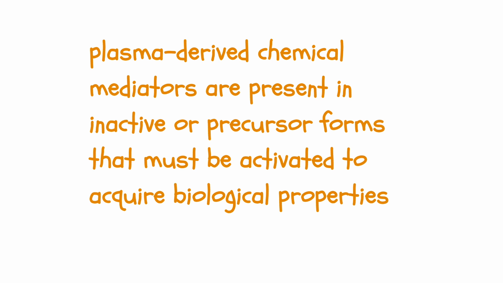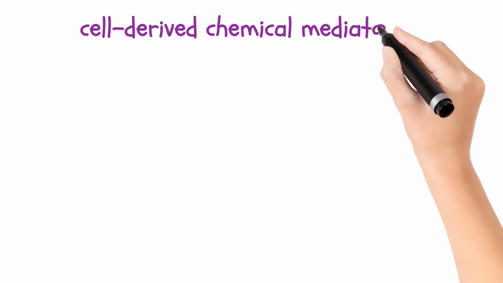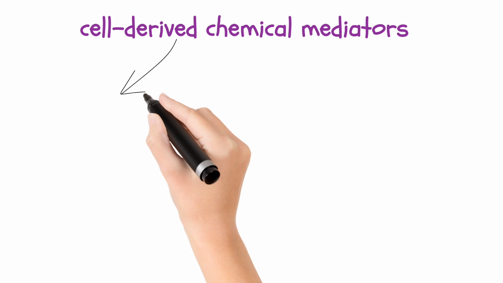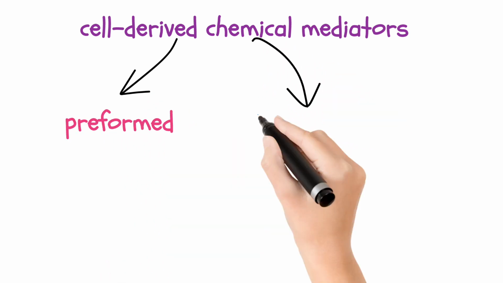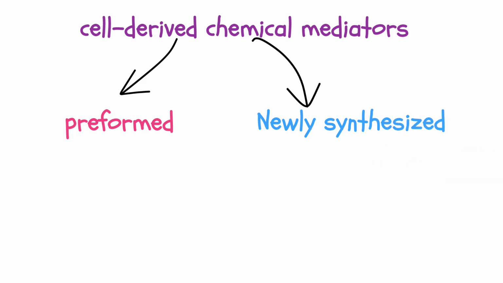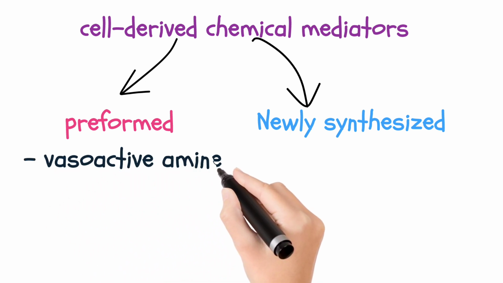So having known this, let's talk about the cell-derived chemical mediators. Remember I said that the cell-derived chemical mediators can either be preformed or newly synthesized in response to the stimulus. Under the preformed, we have the vasoactive amines.